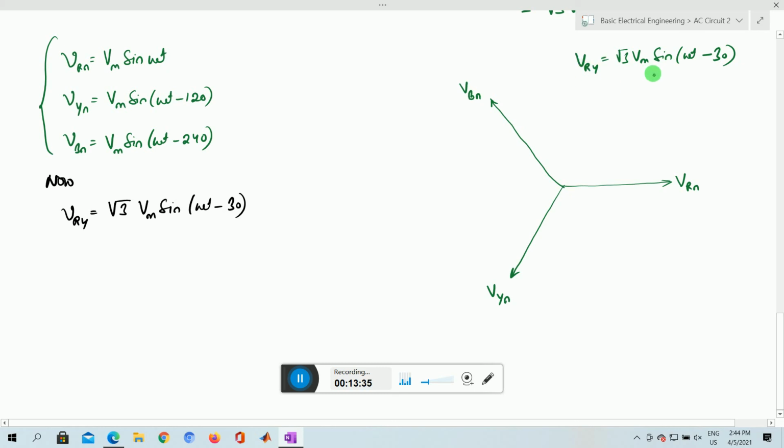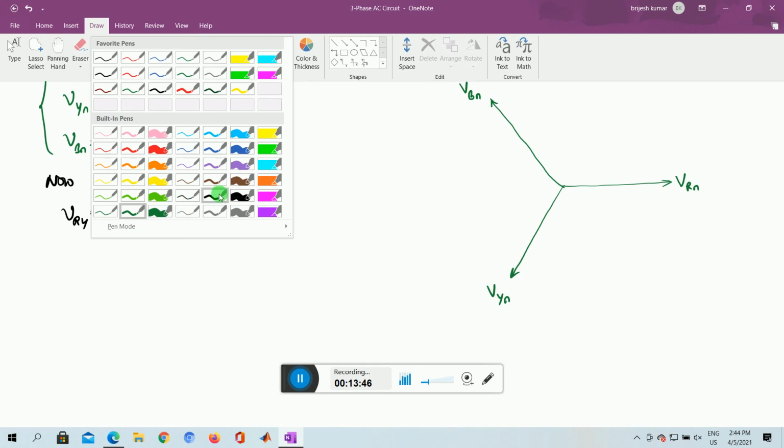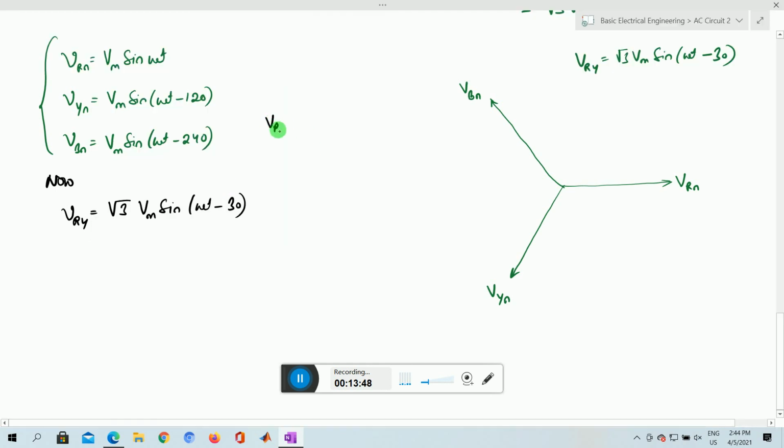So instead of writing and drawing this phasor diagram here, can we get the same phasor diagram another way? If I write VRY, we know that VRY is equal to VRN plus VNY. VRN is here, VYN is here.